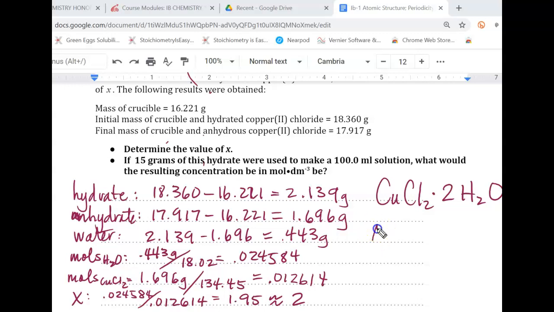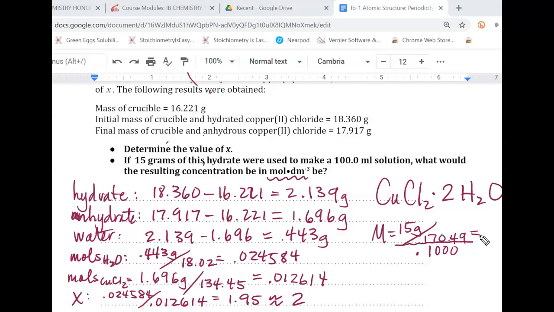All right, to calculate the concentration, I'm going to do 15 grams divided by the molar mass of that hydrate, which is 1 copper plus 2 chlorines plus 2 water. That molar mass comes out to 170.49. To make this into molarity, in mol dm-3, I need to divide by 0.1, which is actually 0.1000, 4 significant figures.